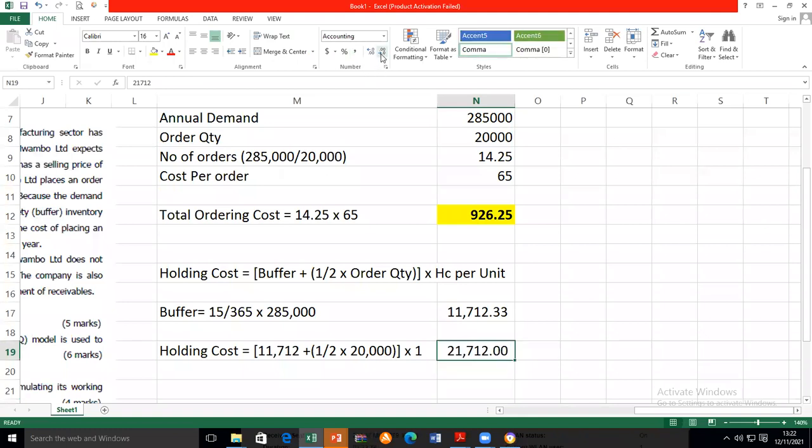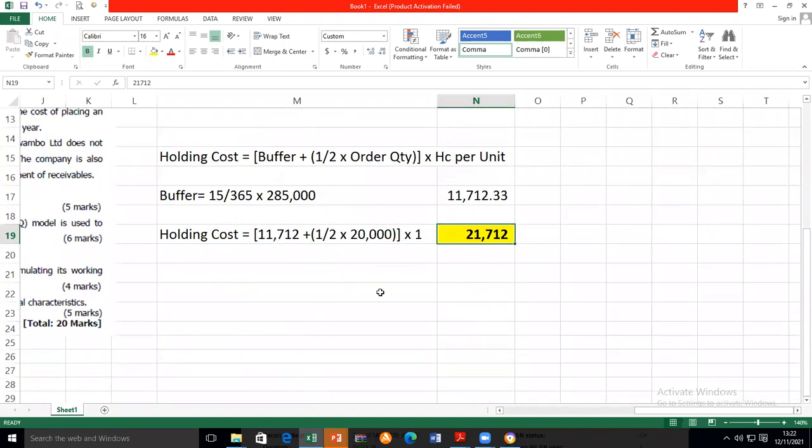Are we together, people? Yes, sir. So what is the total cost?